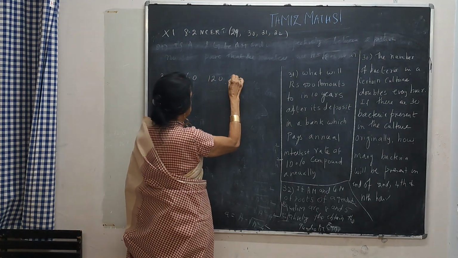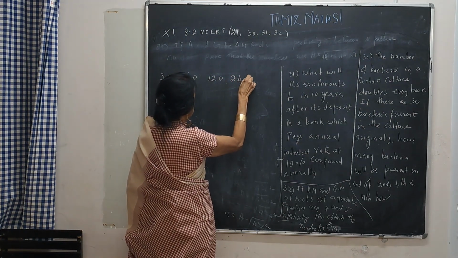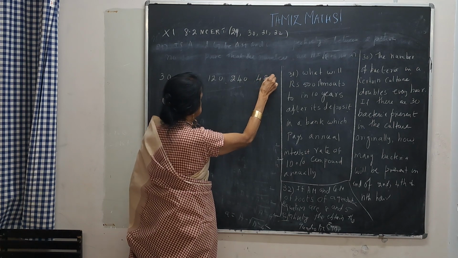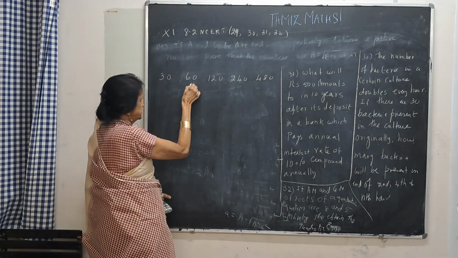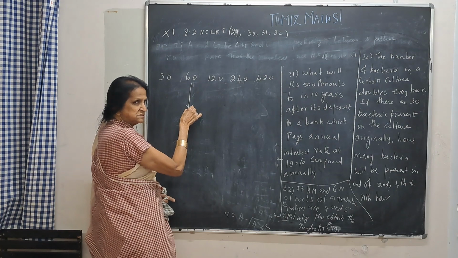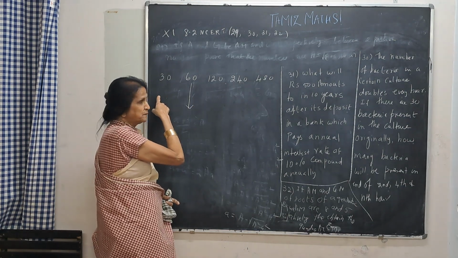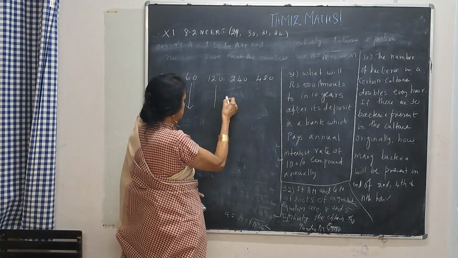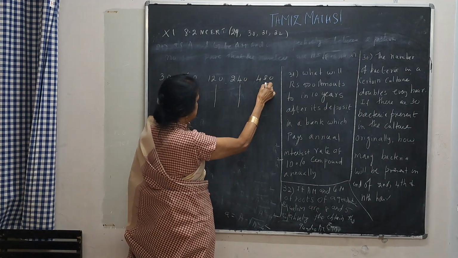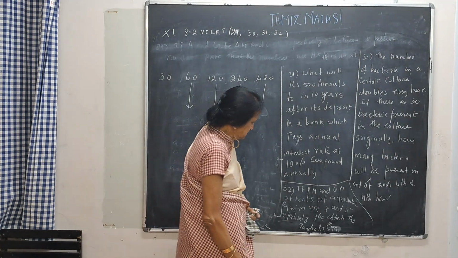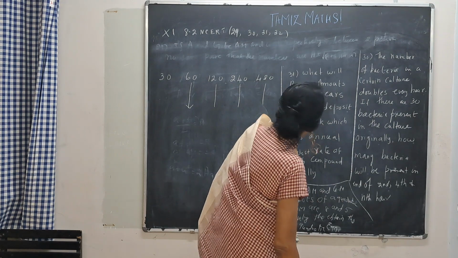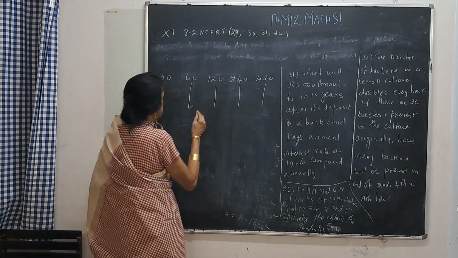Then this will double. Then this will double. So this is in the first hour, because this is original, the beginning. This is in the second hour, this is in the third hour, and this is in the fourth hour. What is he asking? In the second hour will be 120.